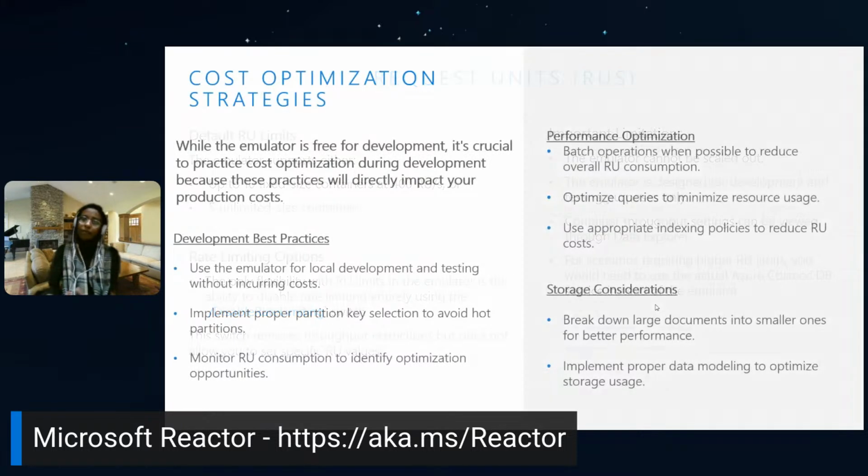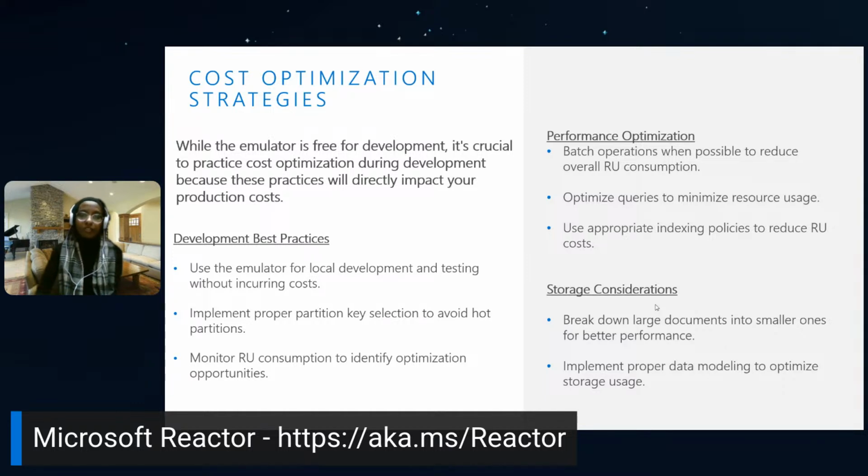I have here some cost optimization strategies that we can go through quickly. While the emulator is free for development, learning and testing, it's crucial to practice cost optimization during development. Why? Because these practices will directly impact your production costs, of course.